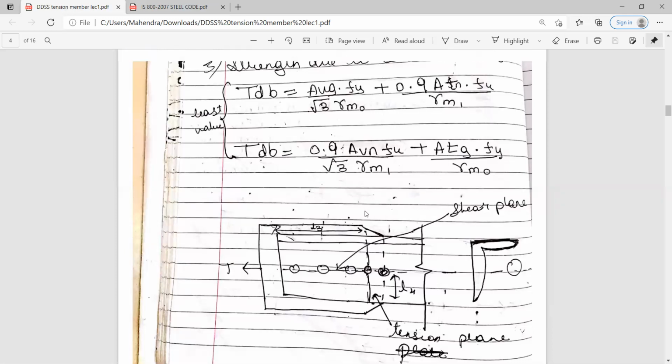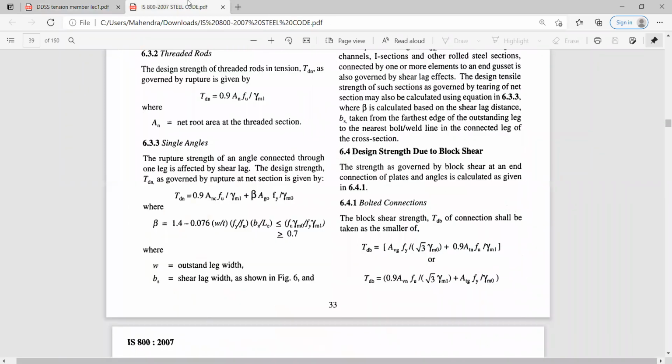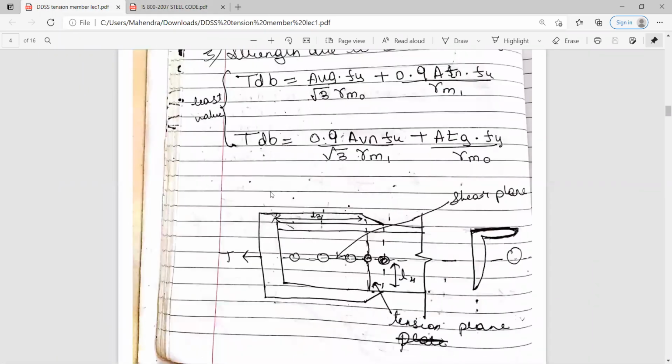For strength due to block shear, note down that all the formulas are there in the IS code. Just note down page number 33, clause number 6.4.1 of your IS code, and draw these diagrams. No need to learn these formulas, just remember the clause number and page number.